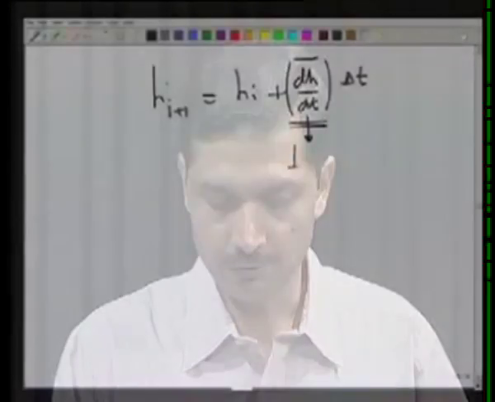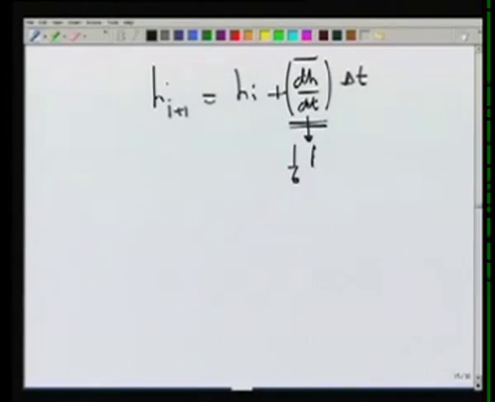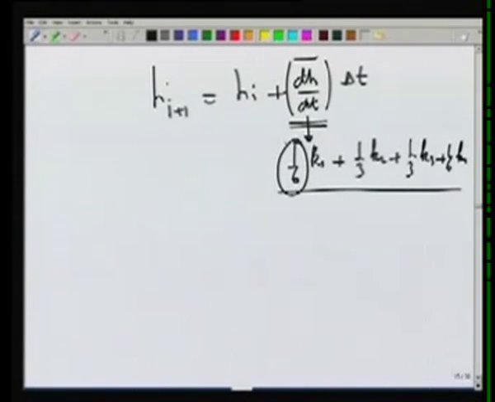So this is nothing but 1 by 6 K1 plus 1 by 3 K2 and so on. So we assign a weight of 1 by 6 to the first point and the last point, and 1 by 3 to the two estimates which we have obtained for the midpoint.